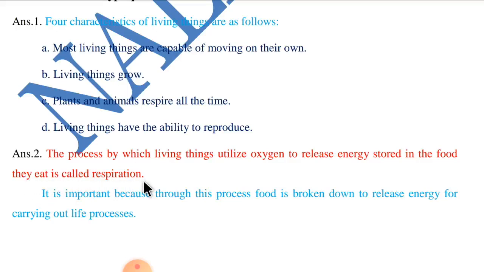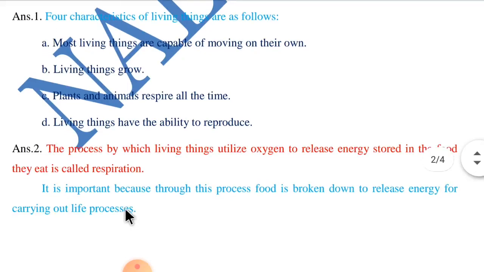And why is it important? It is important because through this process food is broken down to release energy for carrying out life processes. That's why respiration is important.